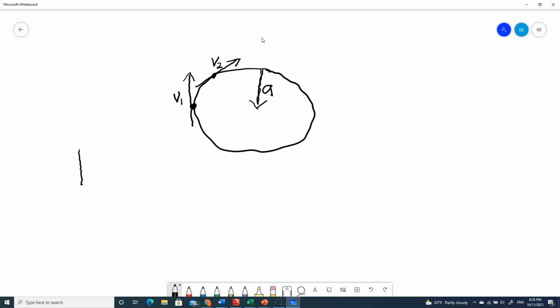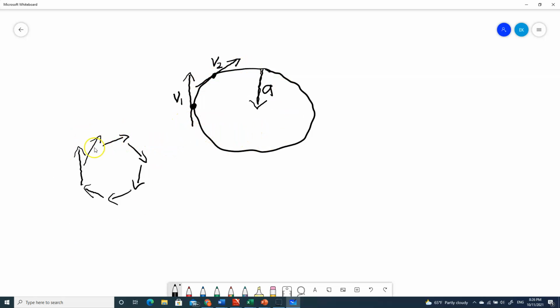So let's draw like this, then another arrow, and another arrow, and another arrow, and another arrow. So we can see all these arrows around the circle, and any circle that the object is going in can be envisioned as an infinite number of these arrows around the circle.